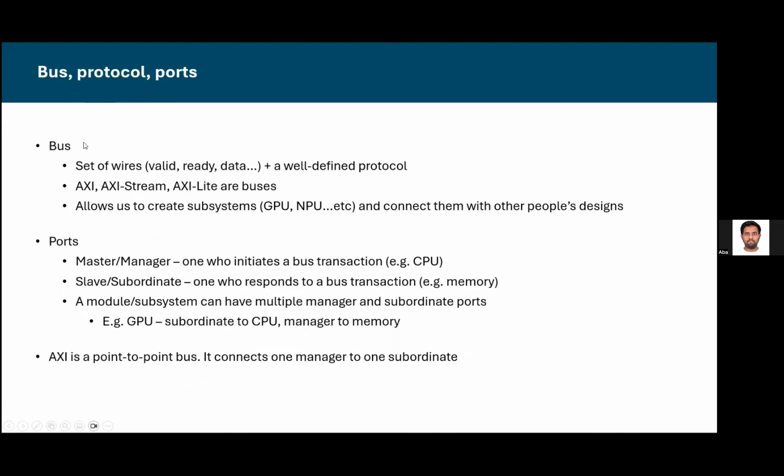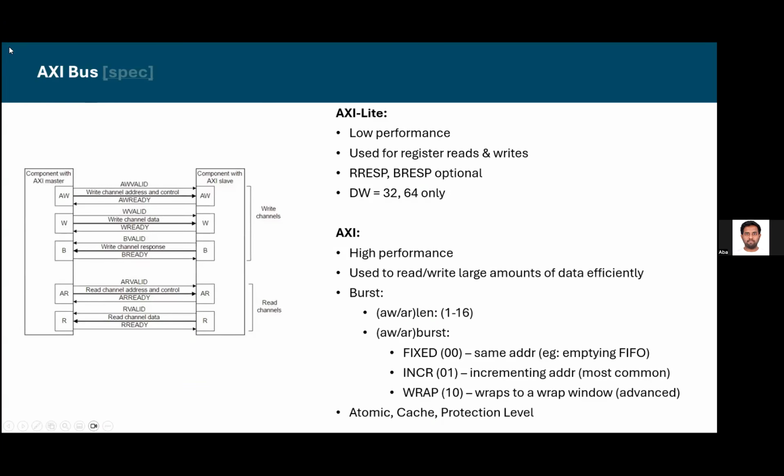Could you please explain how AXI wrap is used in caches? The general idea is that you want to read an entire cache line. The cache line doesn't start at some arbitrary address like 0035.